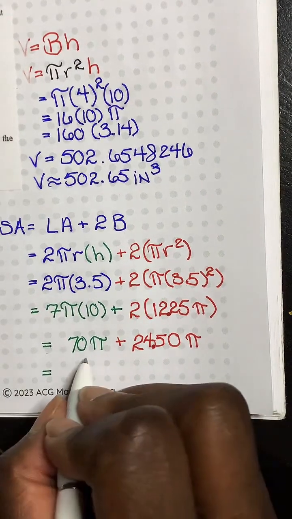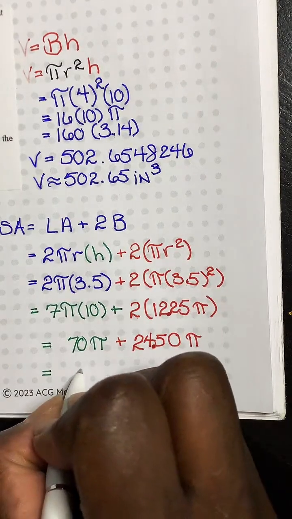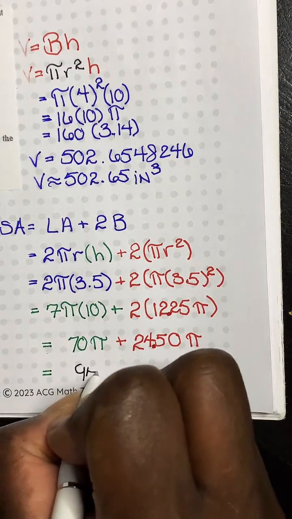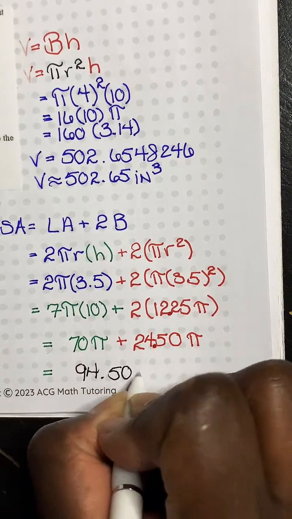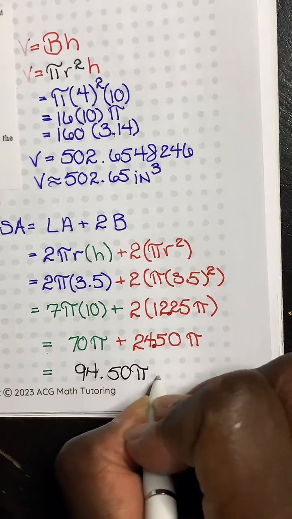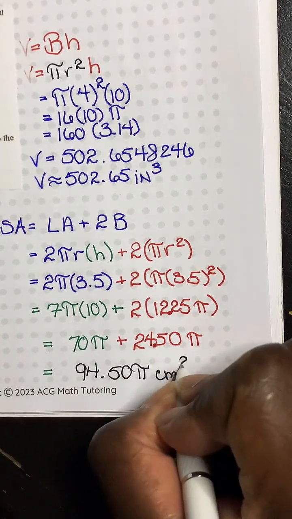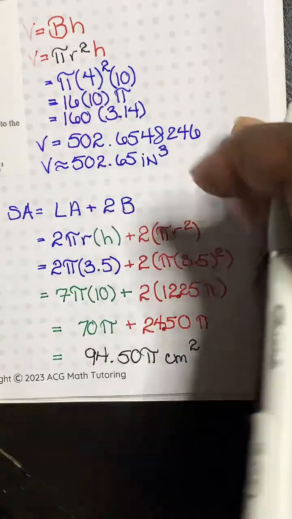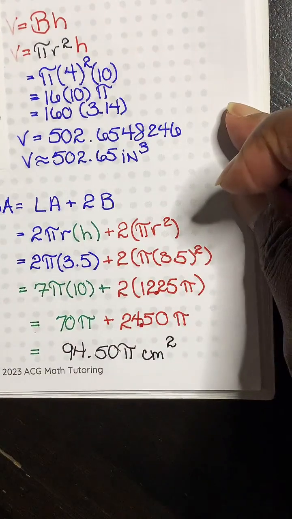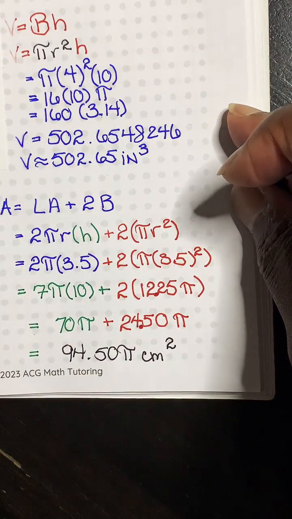So 70 plus 24.5 will give me 94.5 pi. Since it's surface area, it is your square centimeters. Surface area deals with the square. Volume deals with the cube.